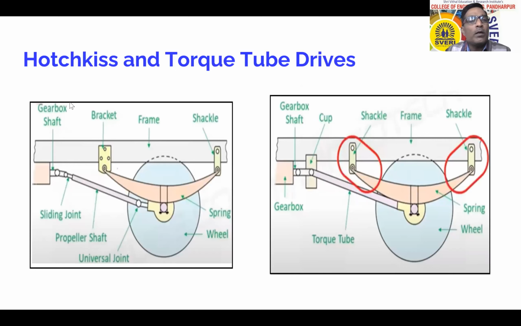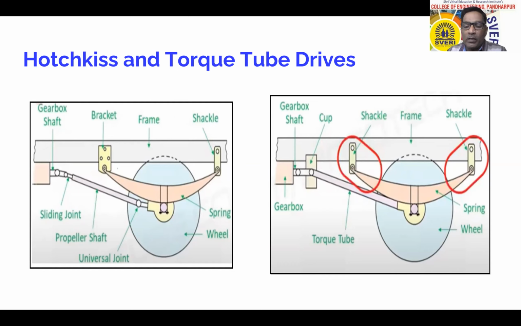Now, this topic we started during the last lecture, that is Hotchkiss and torque tube drive, based on how the driving torque and braking thrust are borne by various elements in the suspension system.